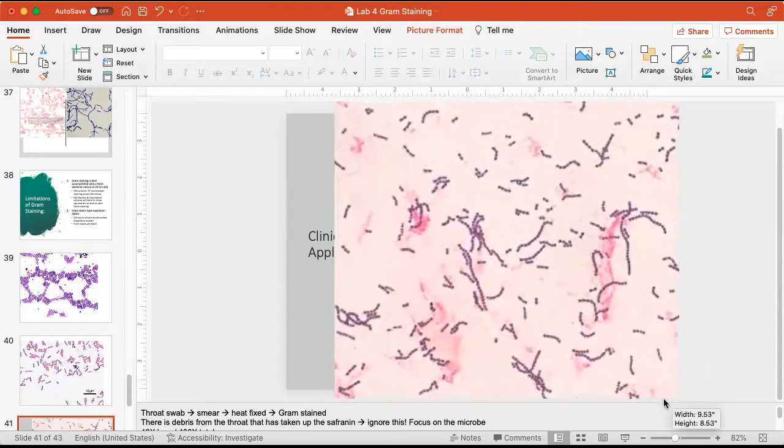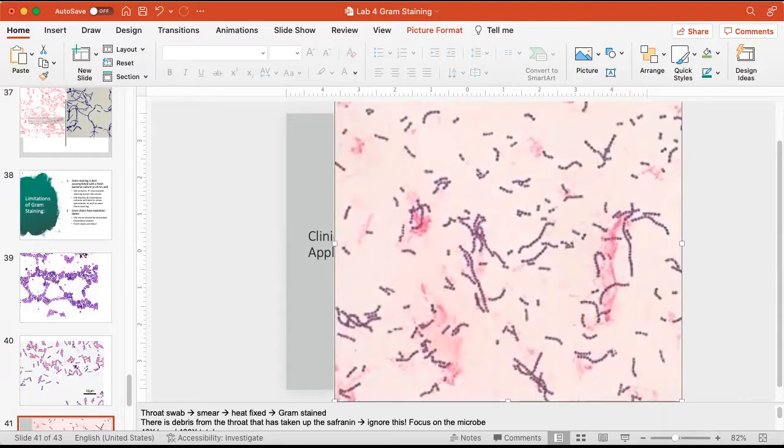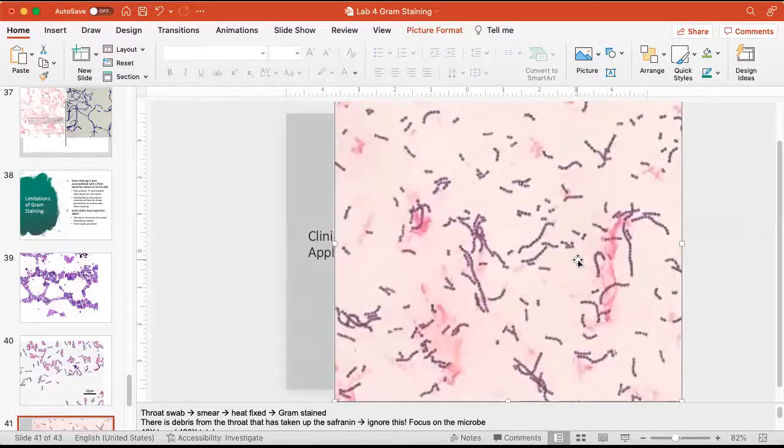What are you going to tell the physician? Go ahead and type that into chat for me. This patient came in complaining of a sore throat. Doctor took a swab, sent it to the lab. We made a smear. What do you think? What's the gram status of this organism?